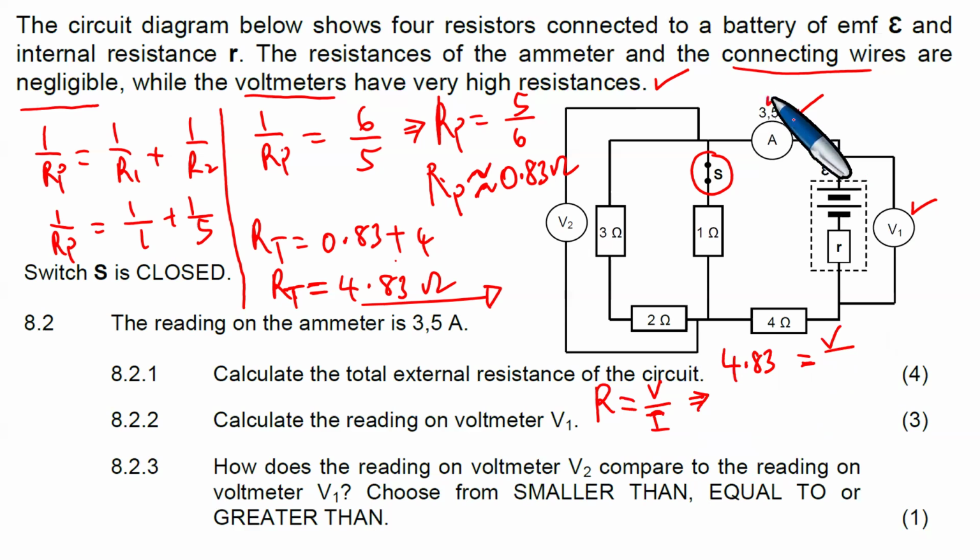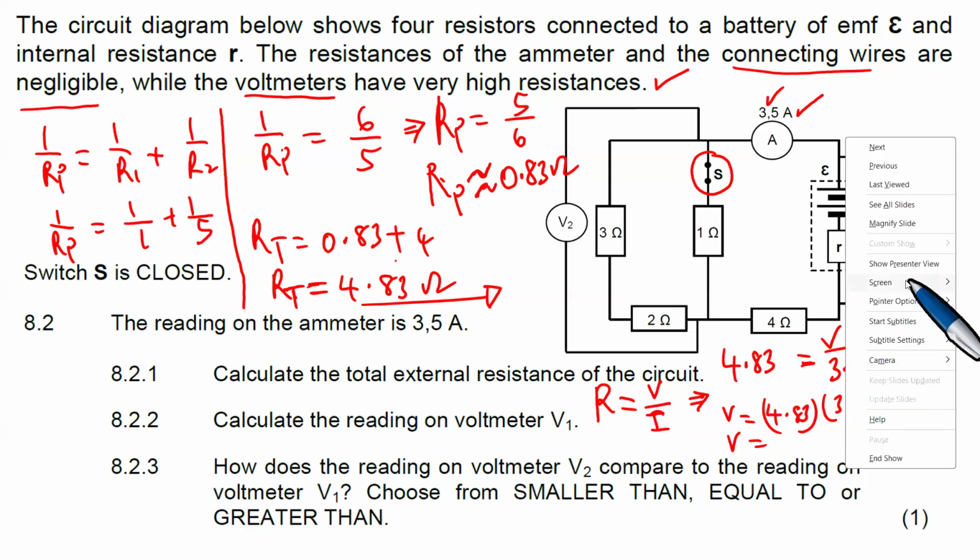The current is 3.5 amperes. By cross multiplication in algebra, we get 4.83 by 3.5. Let's do this one.